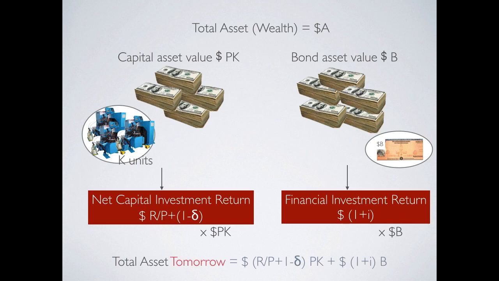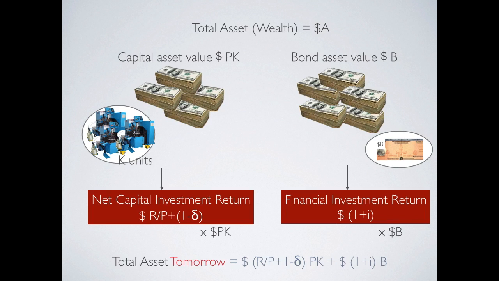Therefore, the total asset that you are going to have tomorrow will be PK, the capital asset value, times the net capital investment return for $1 in that asset, plus B times the financial investment return for a $1 financial asset. It will be the total asset value that you are going to get at the beginning of tomorrow.